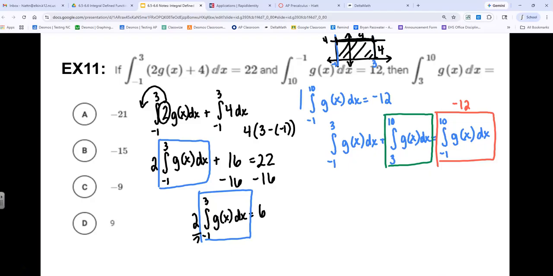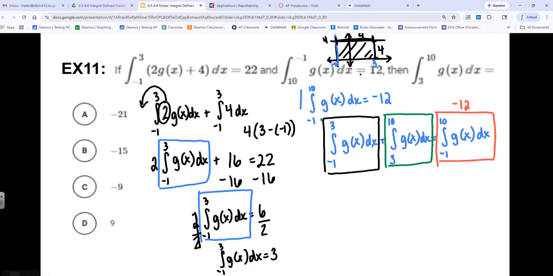So we could divide by 2. And so this integral that we just found, from -1 to 3 of g of x dx, has to equal 3.